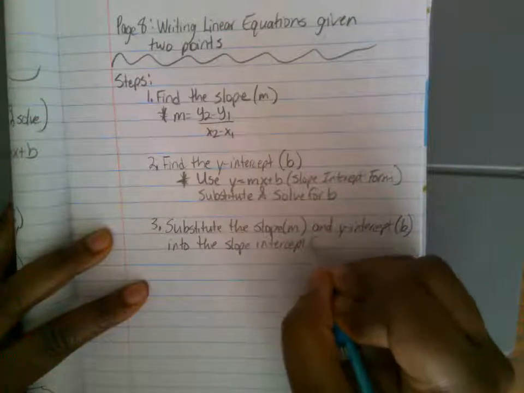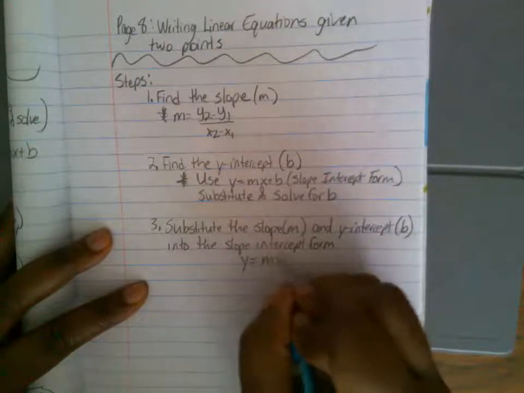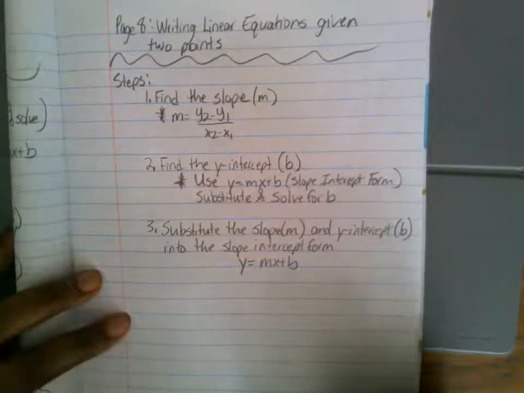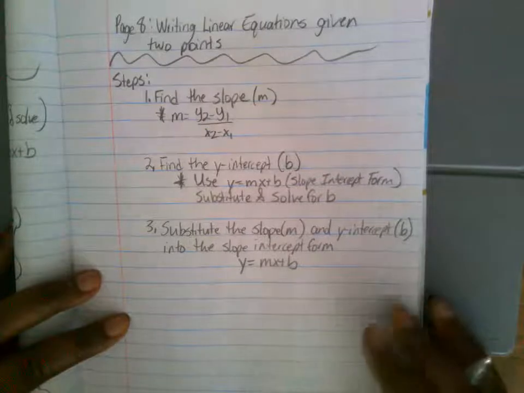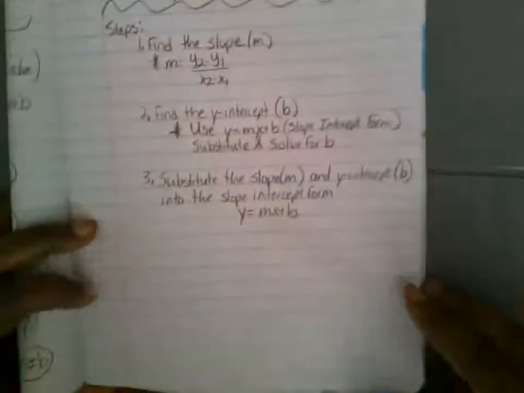Your slope-intercept form is y equals mx plus b. And then you will have an equation. So now let's do an example.